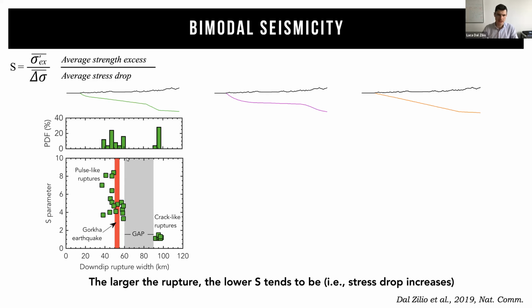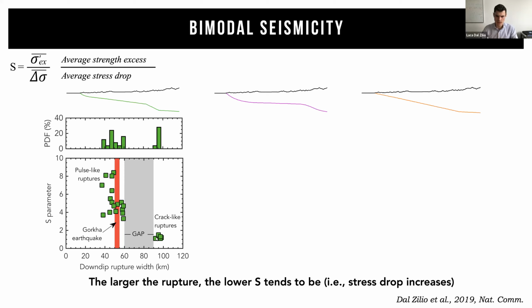So here you can see that when we assume the fault geometry with a clear mid-crustal ramp, we have a distribution of partial ruptures with a down-dip width of roughly 40 to 60 kilometers, and the S parameter is between 3 and 8, up to 9. And then we have a gap in the length, and then we have this complete rupture.